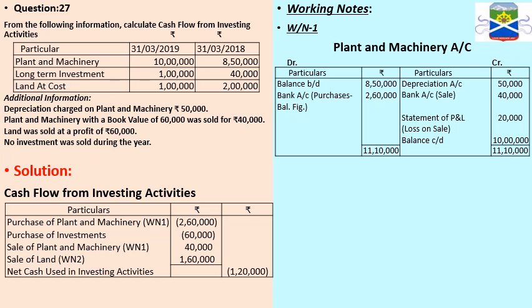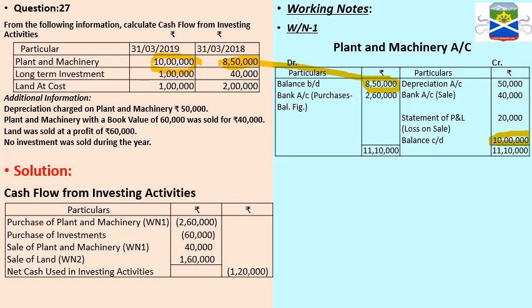Under the plant and machinery account we will find the balance b/d, that is the 2018 opening balance, which will come over here as opening balance, and in the same way the closing balance is 10 lakhs, which comes over here as closing balance. So balance b/d and balance c/d are done.